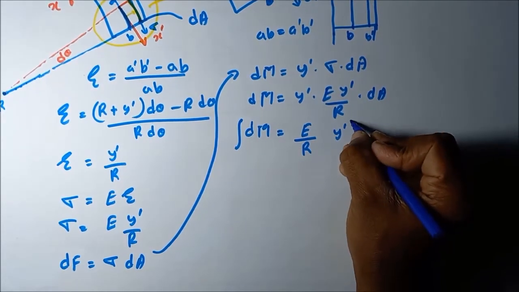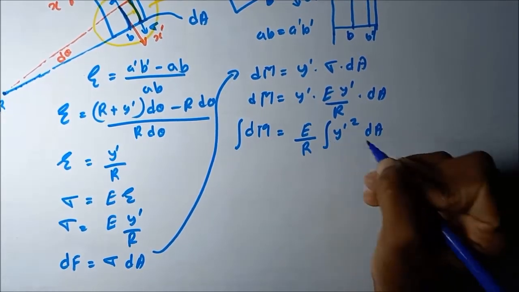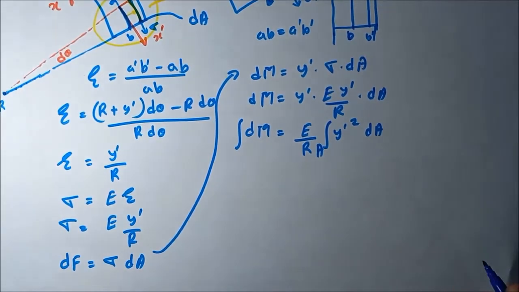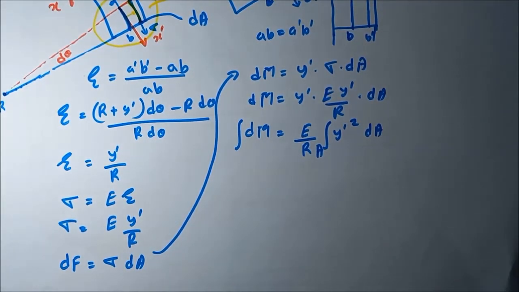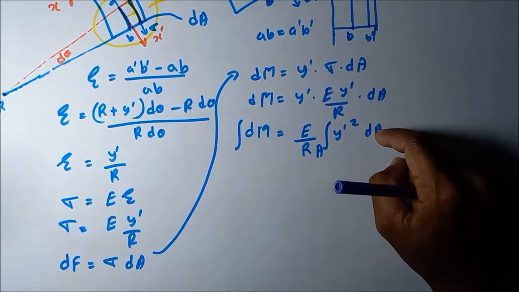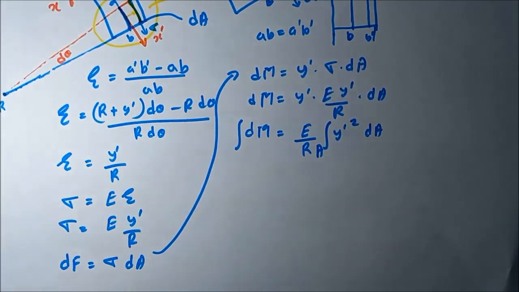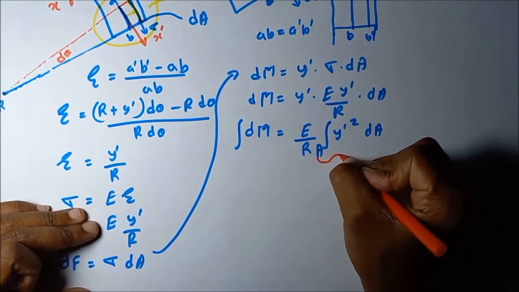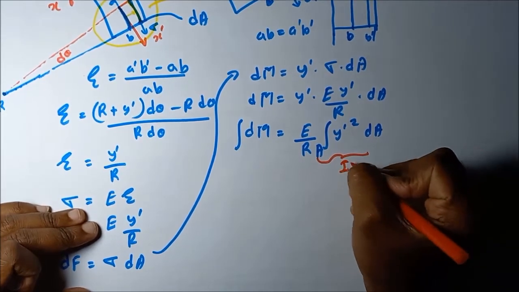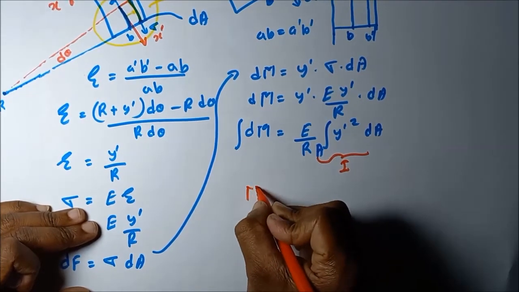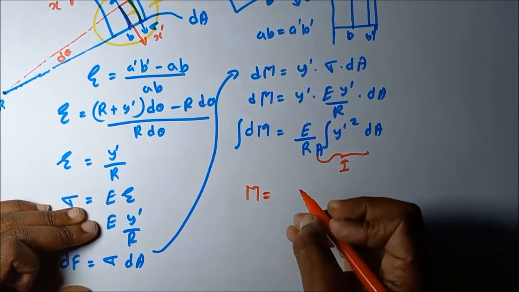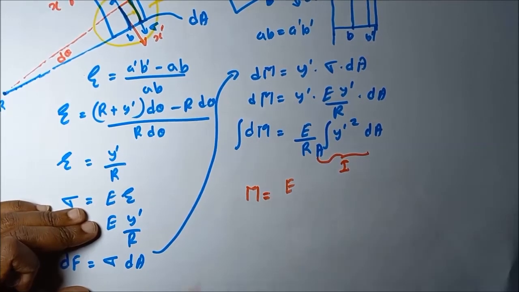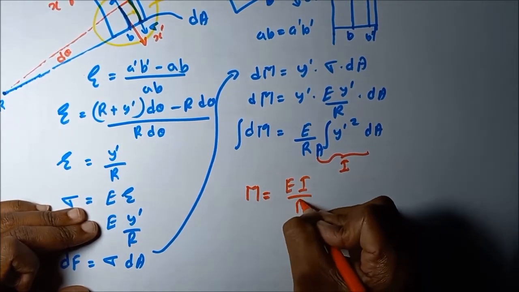So y dash square into dA, integrated all over the surface area. What is meant by this y dash square into dA? That is the second moment of area of the cross section. So the total moment we can write is equal to E I divided by R.